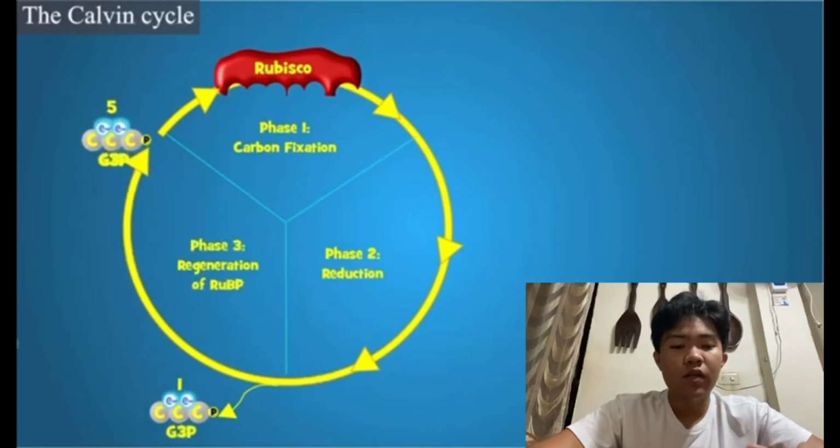This conversion requires ATP, around 3 ATP molecules per regeneration cycle. Importantly, only 1 G3P molecule exits the Calvin cycle each time, to be used in sugar or carbohydrate biosynthesis, while the rest supports the cycle continuation.